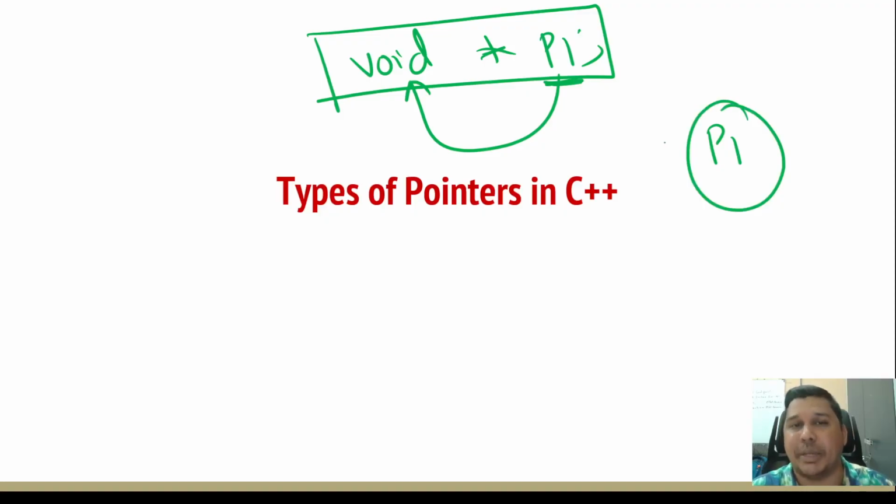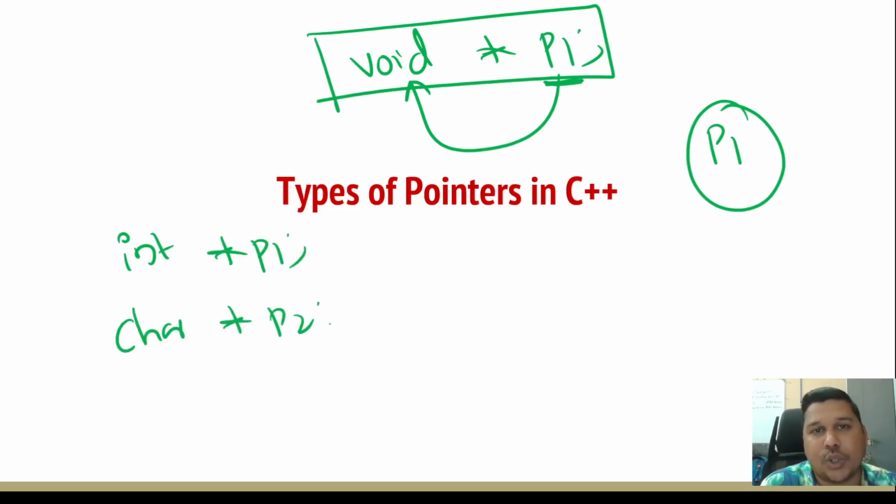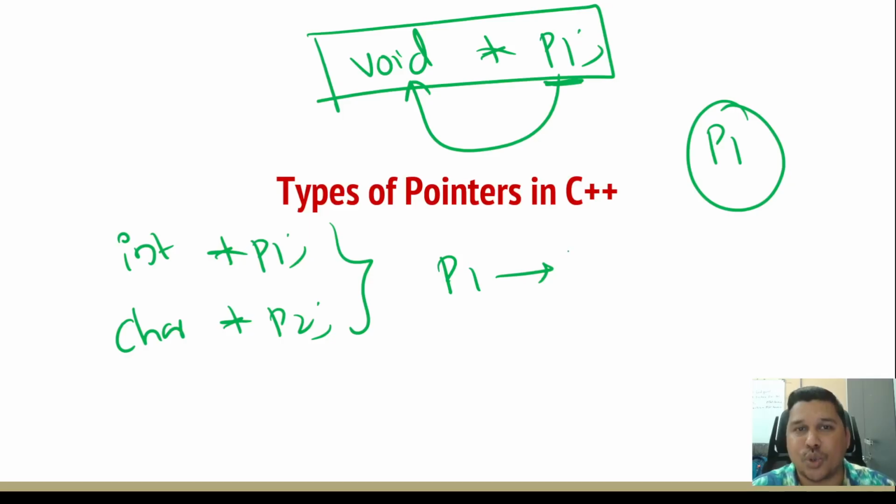When you declare a pointer like this as void star p1, this p1 can be used to store address of any data type variable. Like this, if I write int star p1 and char star p2, in both cases p1 is defined to store address of an integer variable.